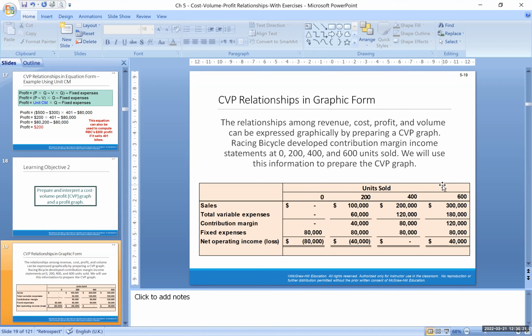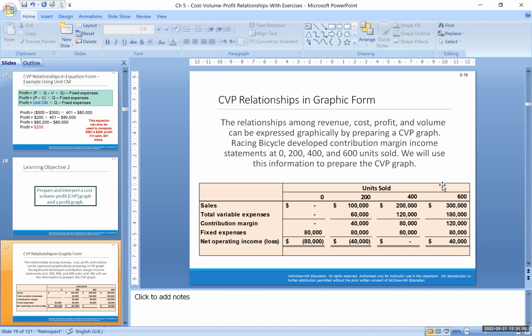So the contribution margin will be $40,000. The total fixed expenses remain constant regardless of units sold at $80,000. So we have a net operating loss again of $40,000, calculated from the contribution margin of 40,000 minus the 80,000 fixed expenses. This means we still need to sell more in order to break even.